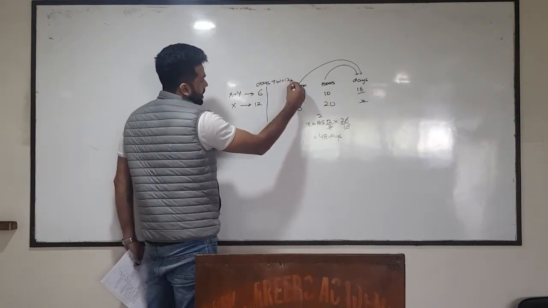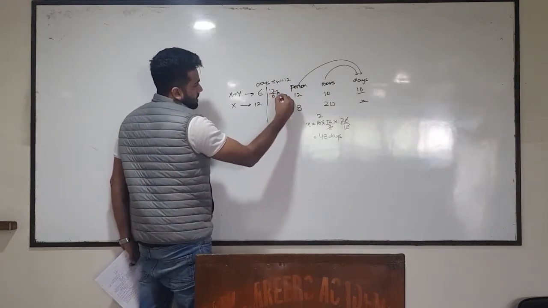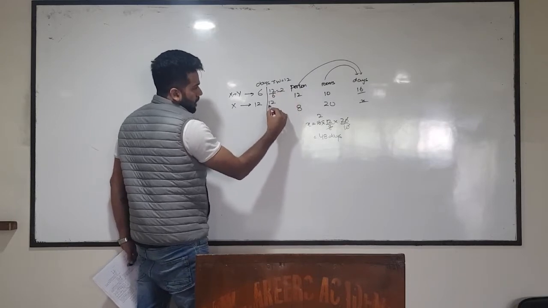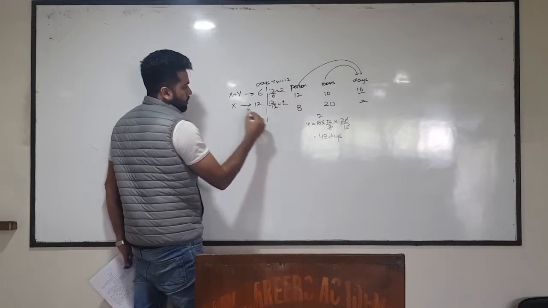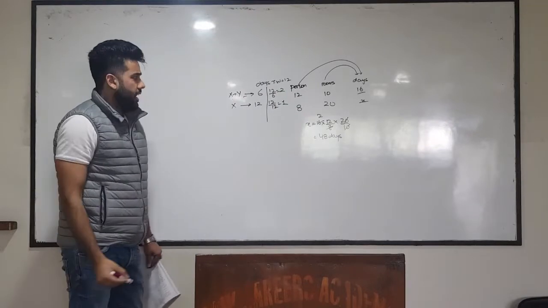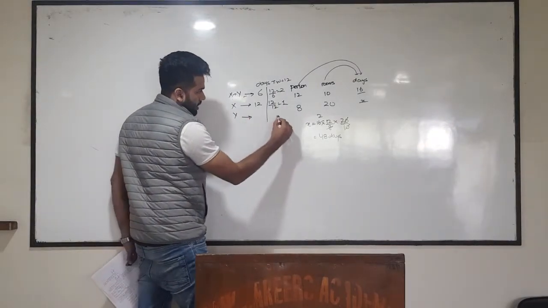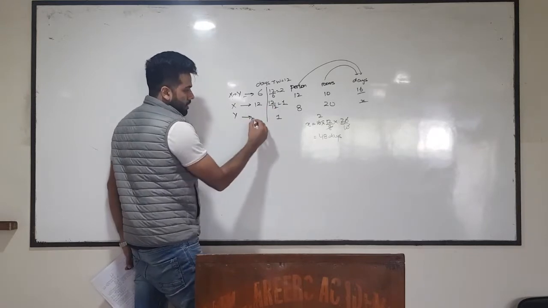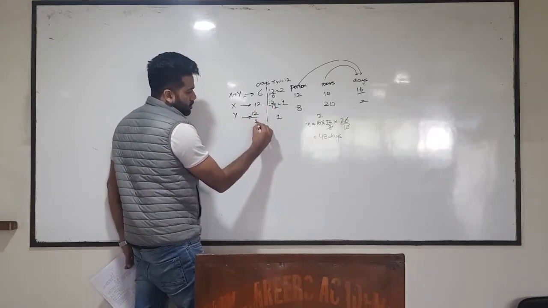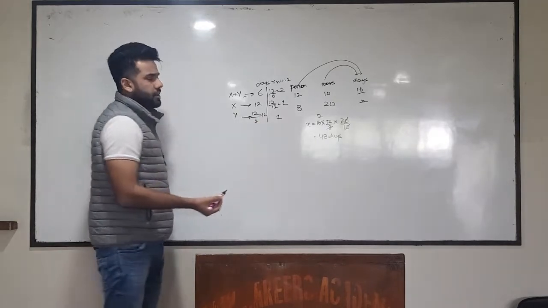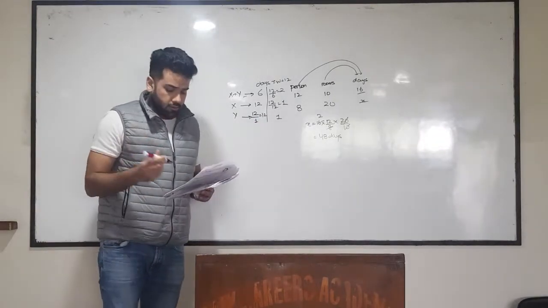Total work comes out to be 12. 12 by 6 is 2. 12 by 12 is 1. So the efficiency of X plus Y is 2, and the efficiency of X is 1. So what will be the efficiency of Y? Again 1. Total work is 12, efficiency is 1. How many days? 12 days is your answer.